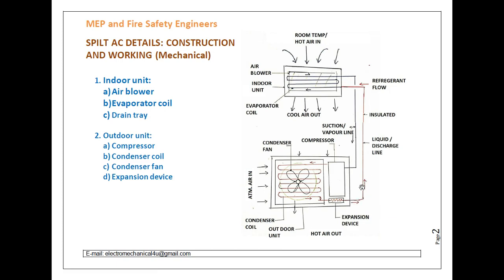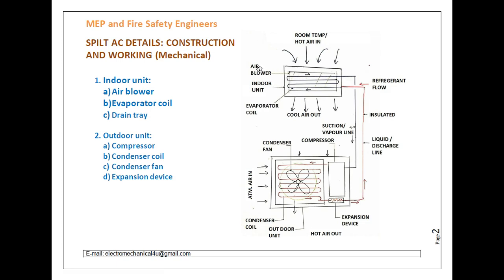So for that purpose we have insulated this line. Insulation of this line is very important. If you are not insulating this line, then you will not get good liquid form of the refrigerant here, so the system will not work. Here the insulation is only up to the indoor unit. After that there will be no insulation.